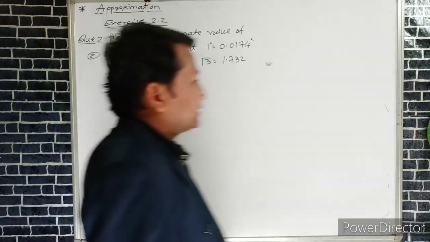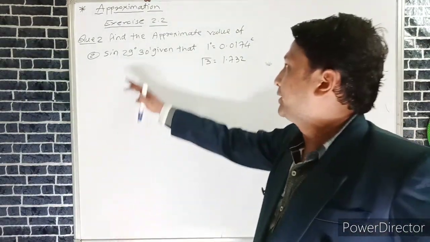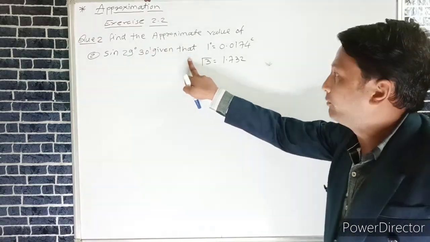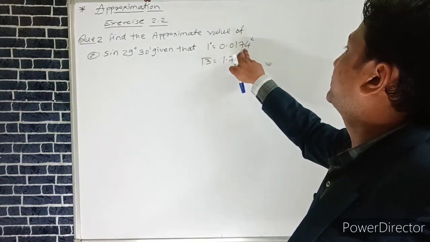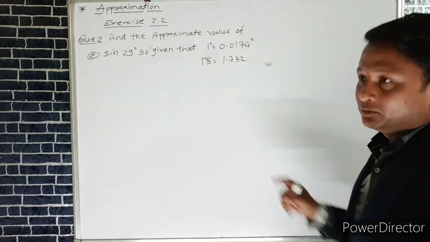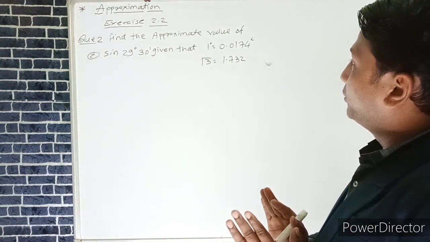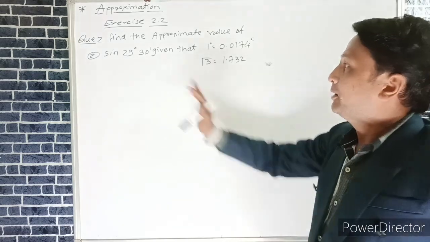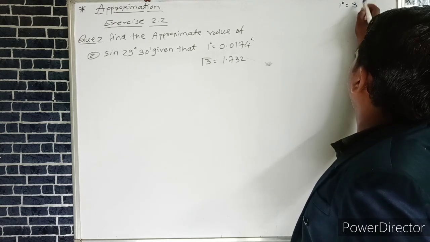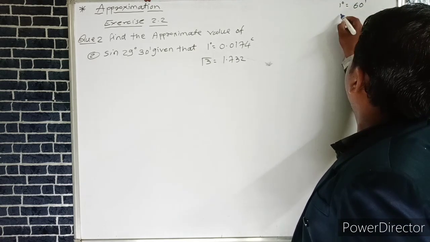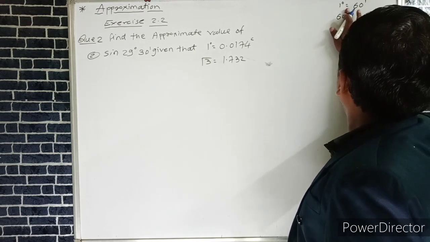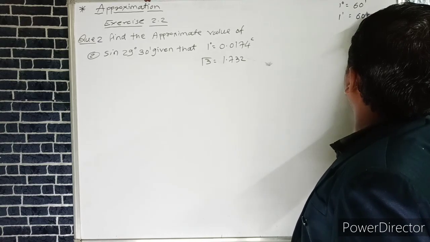Now the second example, which is sine 29 degree 30 minutes. Here by the given condition, again the value of 1 degree is 0.0174 radian and the value of under root 3 is 1.732. So here we know about degree and minute. 1 degree is equal to 60 minutes, and 1 minute is equal to 60 seconds.